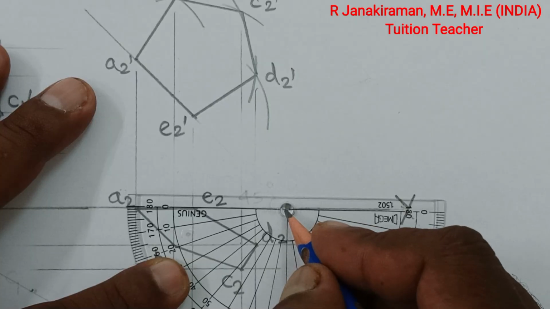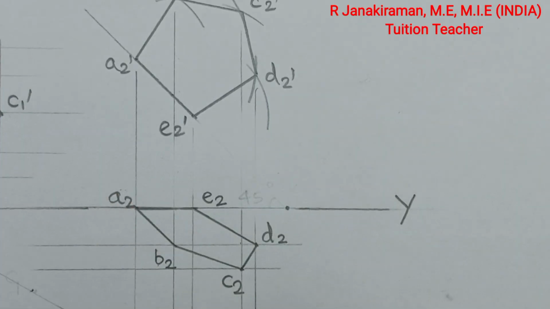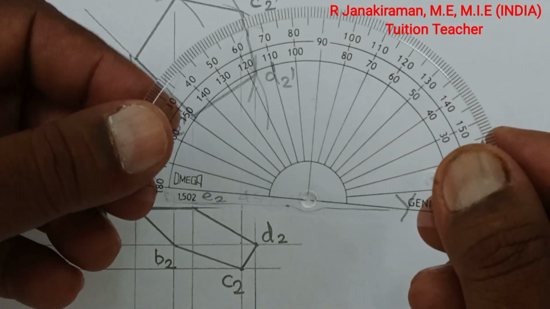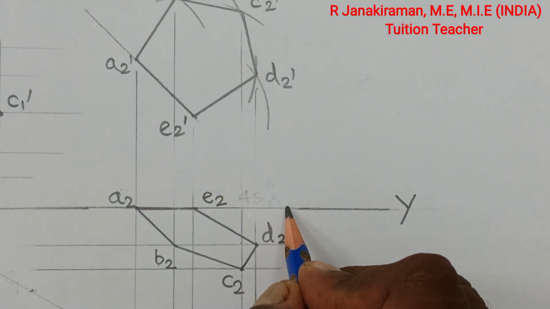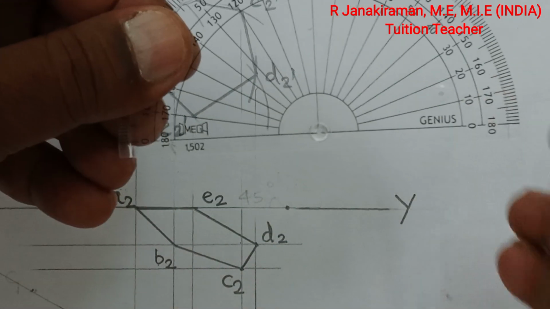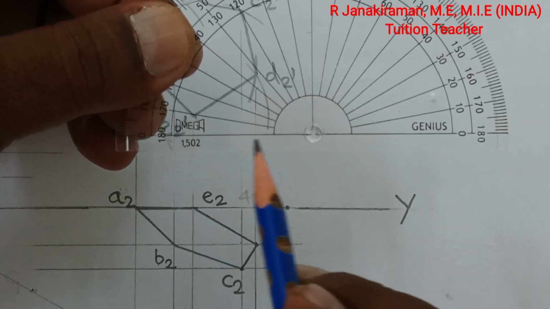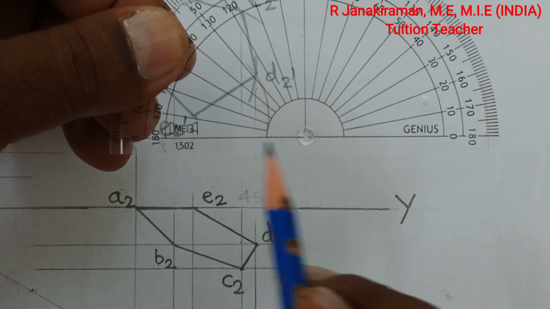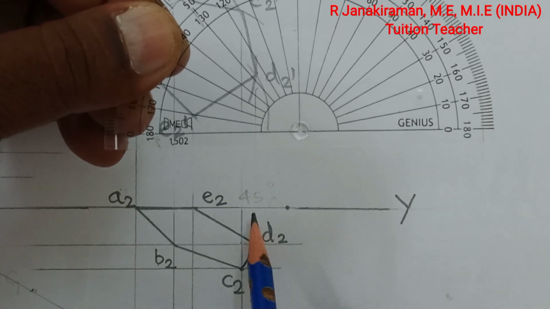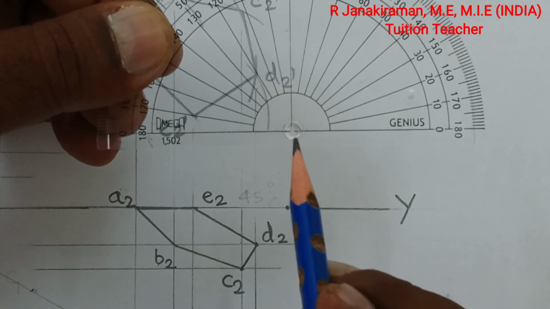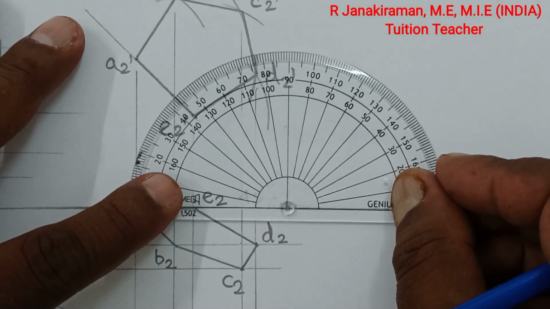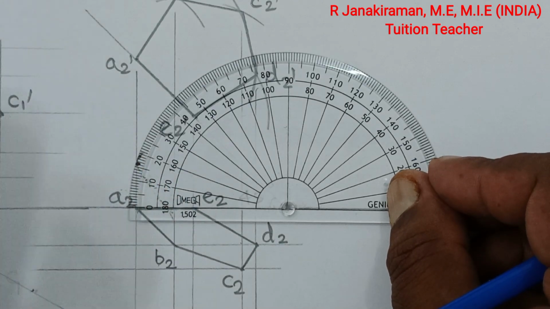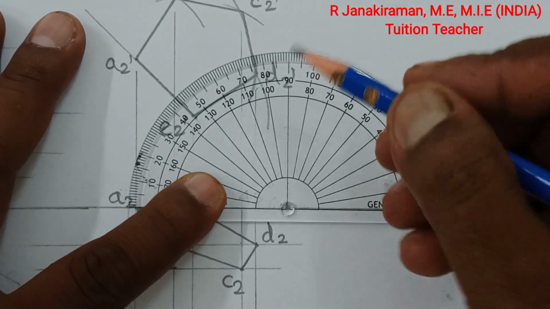For this located point on the XY line, take your protractor. The horizontal baseline should merge with the XY line, and the center of your protractor should coincide with the located point on the XY line. Adjust your protractor like this and mark an angle of 45 degrees.